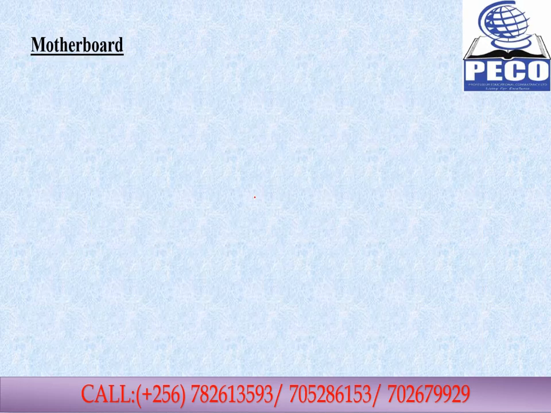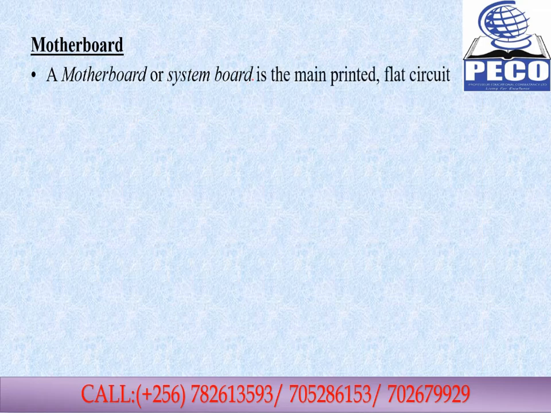So by definition, you can say a motherboard, or system board, as at times it's called, the system board. The motherboard is most common. It is the main printed flat circuit board. We call it flat because it is spread there at the bottom.